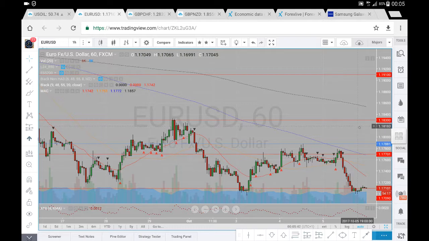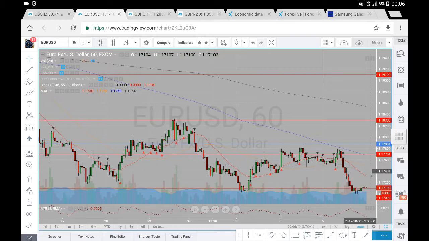So where are we now and what do we expect? Now, this is the second time, you could say, that we have tested the 1710 level. And as we've seen with analysis on other currency pairs, when a level is repeatedly tested, it eventually breaks. So in light of the fact that we are trading below the weekly and monthly pivot, we are down to 1710 support.